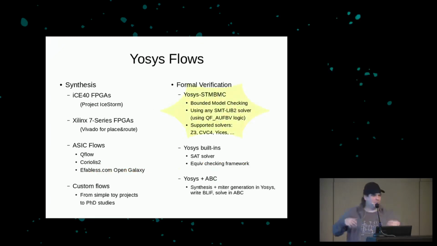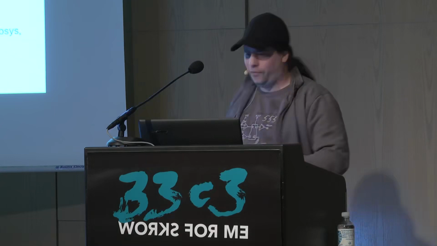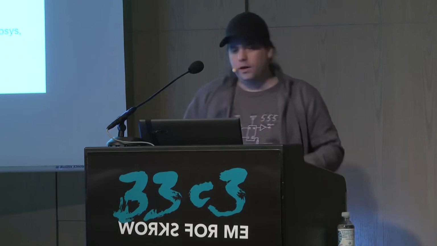Okay, but really quickly first, a little bit about Yosys as a whole, because there are a lot of things you can do with Yosys besides formal verification. There are a lot of synthesis flows available in Yosys. Most prominently, we can do synthesis for ICE40 FPGAs. I had a talk last year at CCC about that, and I had to reverse engineer the ICE40 bitstream format in order to enable this flow.